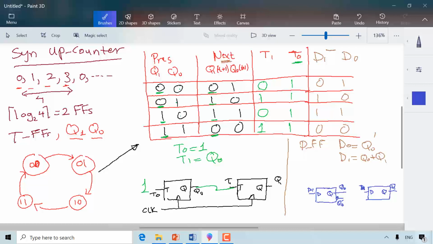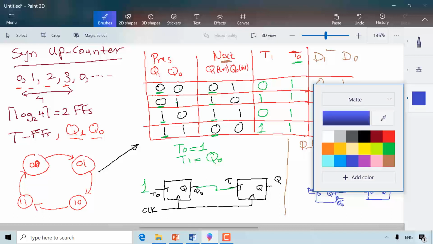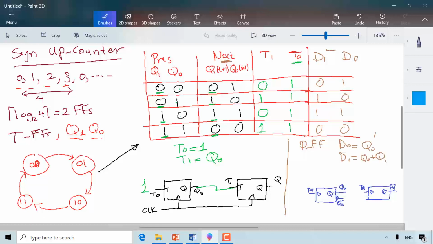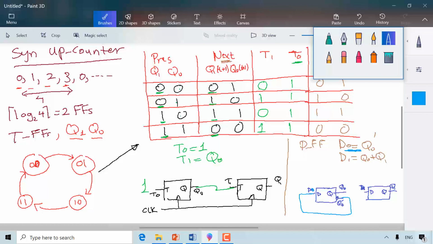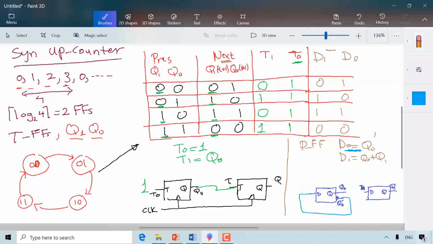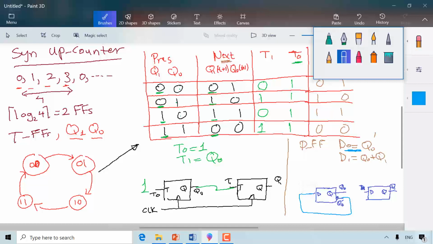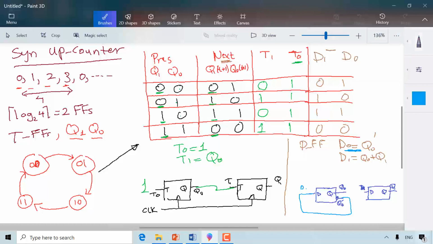Now, let's try a different color for connectivity. Let's connect D0 equals Q0 prime. So this is Q0 prime, goes all the way as an input to D0. So this is D0, by the way, not D1. Let's clarify this. We'll take an eraser and fix it, and now take a pen and clearly indicate that this is D0.